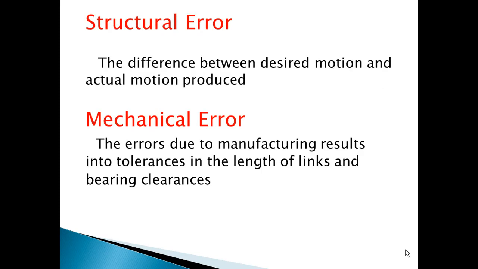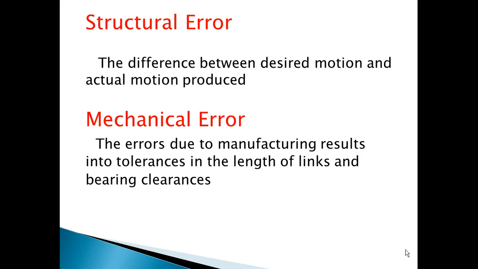The next part is structural error and mechanical error. First of all, structural error. What is structural error? It is the difference between the desired motion and the actual motion produced. We know that we have designed a mechanism on the basis of the desired motion, but even after designing, that particular mechanism will not exactly follow the desired motion.